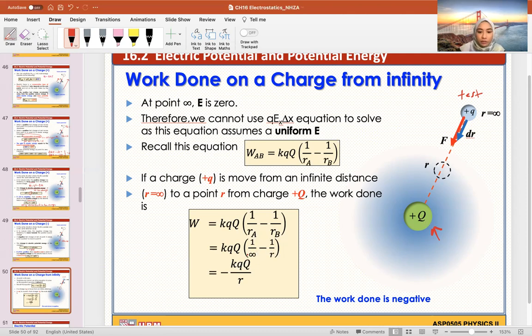We are left with kQq times (minus 1 over R), which means that we have a minus kQq over R. So this is the work done to bring a charge from infinity to point R. Point R is the distance from the source charge.